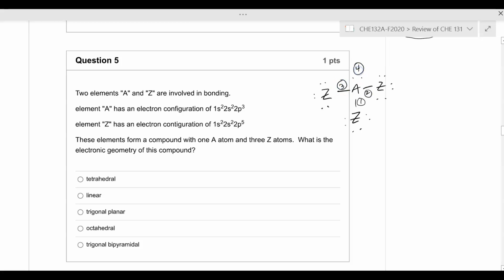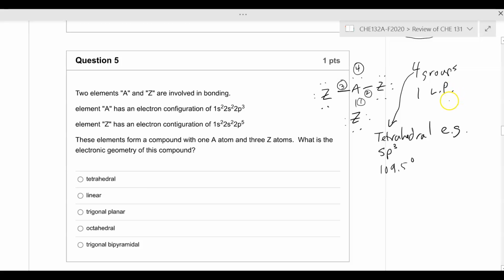The lone pair counts as a group, so there's 4 groups, and of those 4 groups, 1 is a lone pair. Now, the fact that it's 4 groups tells me that it's going to have a tetrahedral electronic geometry. It's going to have sp3 hybridization. The bond angles ideally are going to be around 109.5 degrees, although that may change just a little bit.